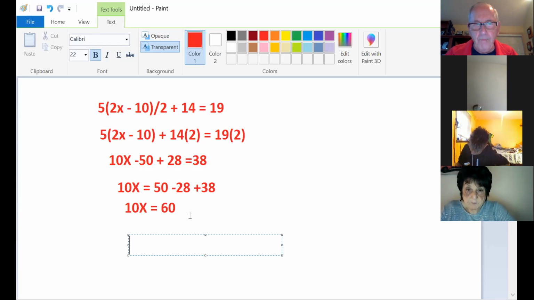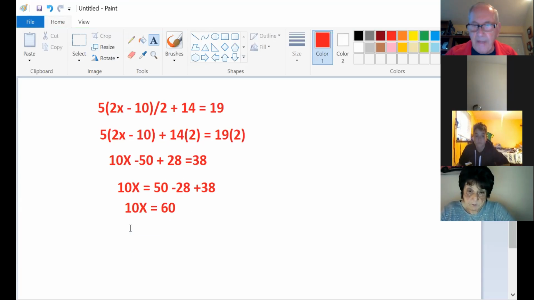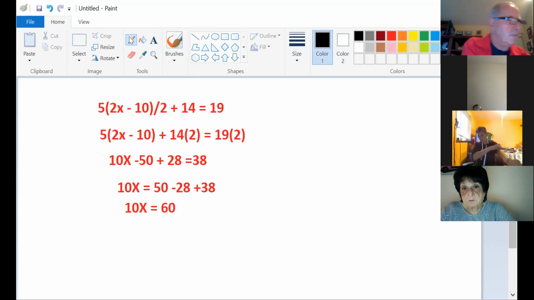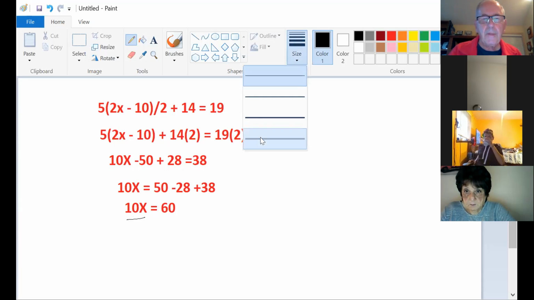Okay. So now the last step is just divide both sides by 10, right? You see that, right? Yes. I don't like this, I like a thicker line.